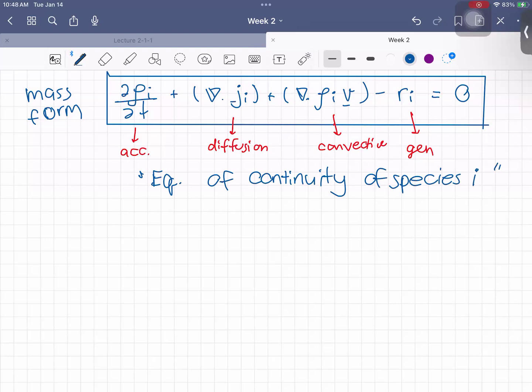So to convert it into molar form, of course, you just have to divide this equation by the molecular weight of species i. So that will be concentration, dc.